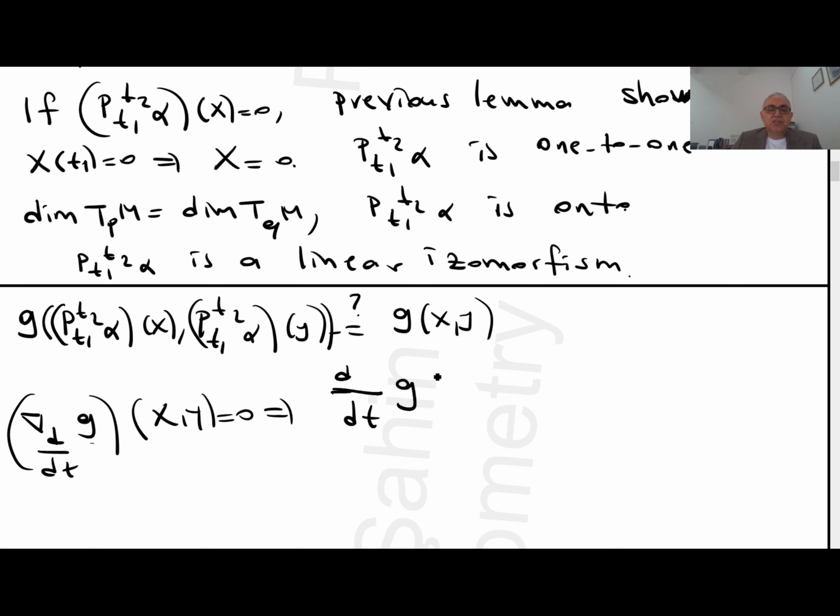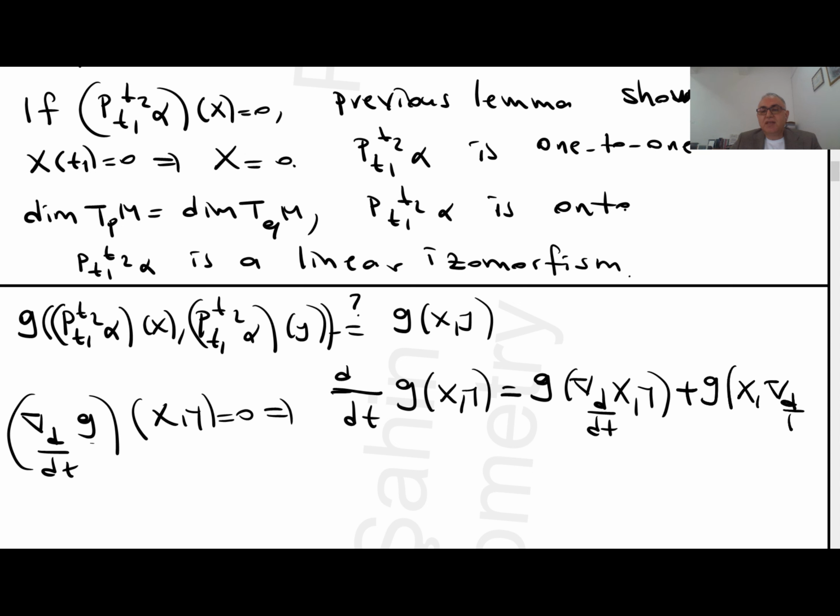Or we can write this one, right? d/dt g(x, y) is g(∇_{d/dt} x, y) plus g(x, ∇_{d/dt} y). So this is 0. Why?